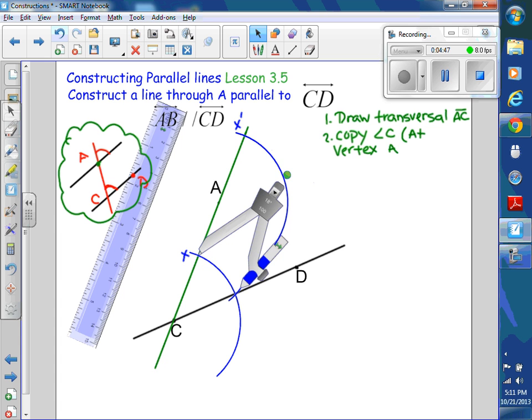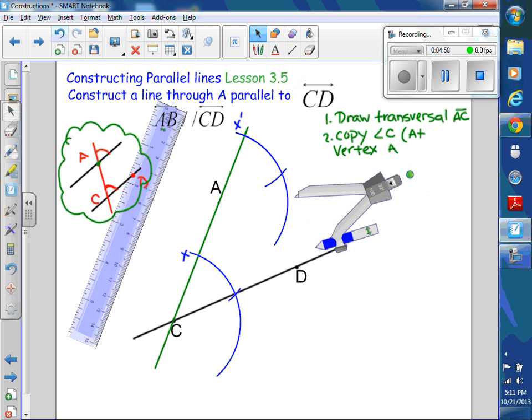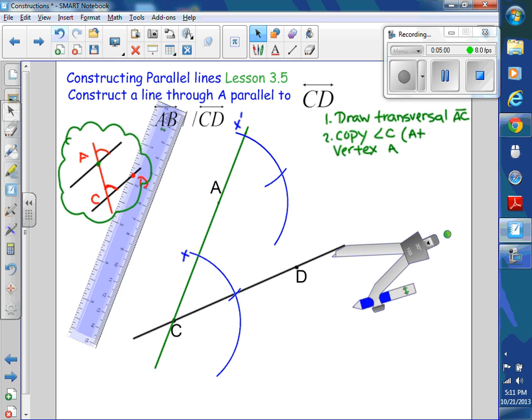So I'm going to put my compass from X up to X prime and mark off an intersection point. That intersection point is the point that I'm going to draw my new line through.